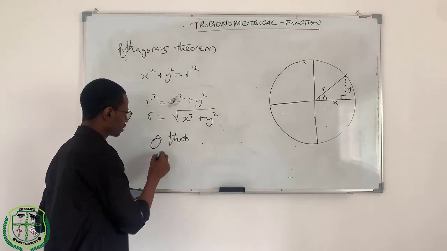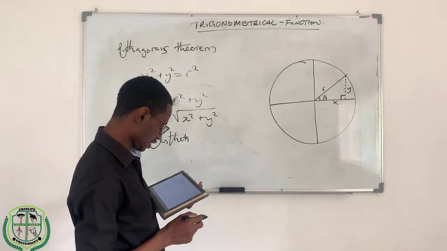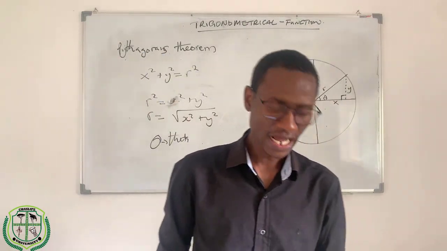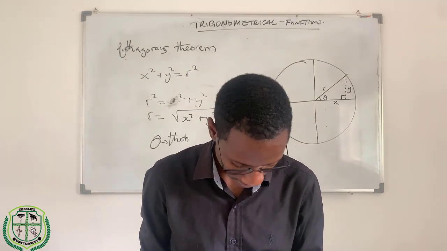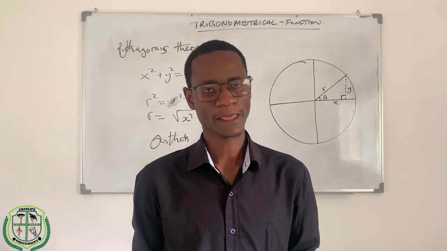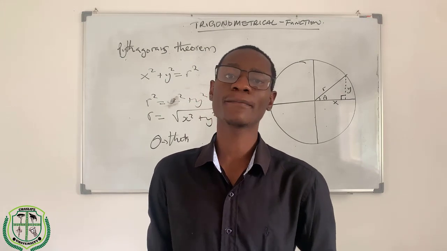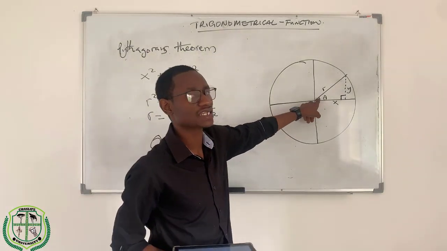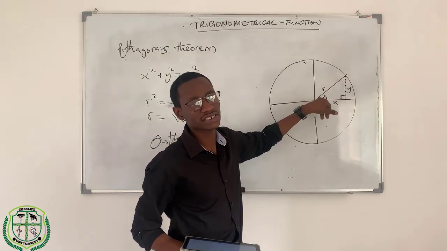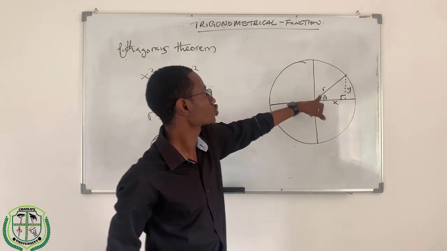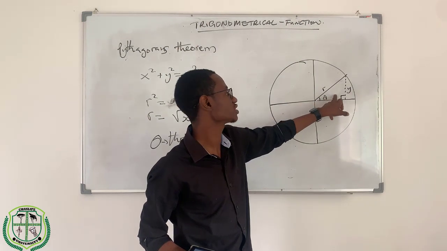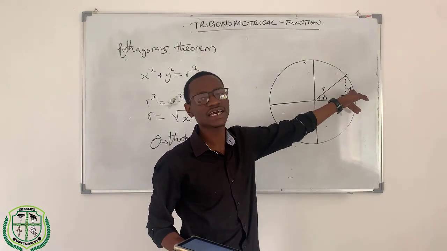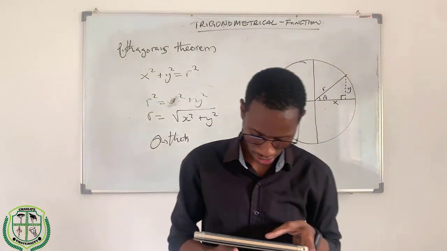Theta is used to label a non-right angle. So here, this is not a right angle, because a right angle is 90 degrees. There is a theta there because it's 45 degrees. But here you cannot put theta because it's a 90 degrees angle.